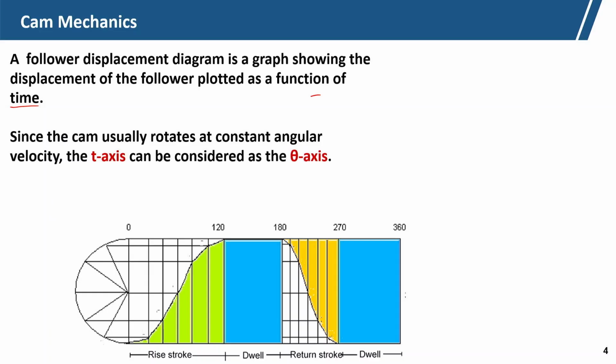Since the cam usually rotates at a constant angular velocity, the time axis can be considered as the theta axis. So, instead of time we can express it in terms of theta, and it is plotted from 0 degree to 360 degree, that is, one complete rotation.